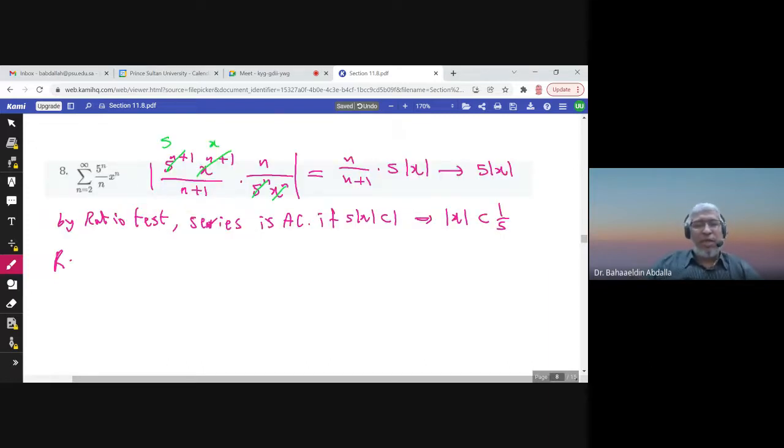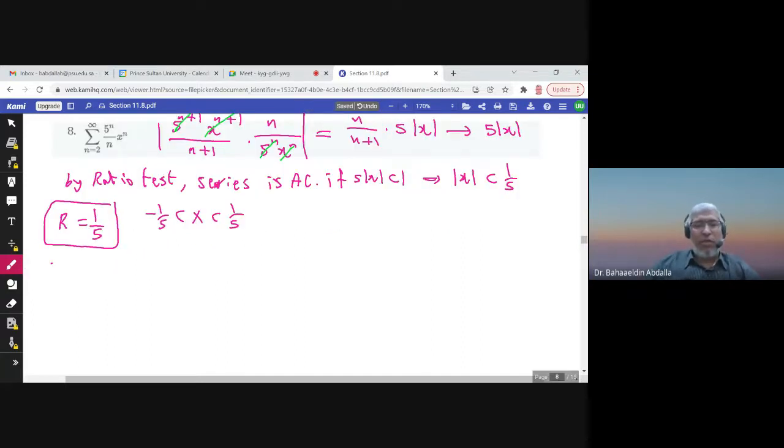This means that the radius of convergence is 1 over 5. And x is between -1 over 5 and 1 over 5. And we need to consider the endpoints individually.